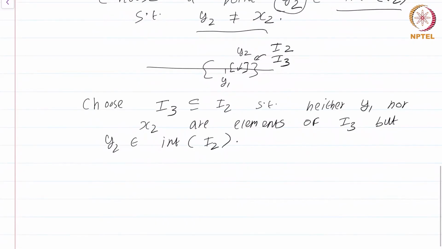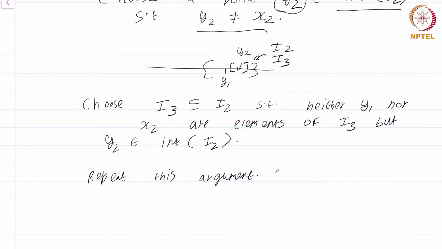Okay. Now repeat this argument. That means because y2 is a limit point of the set S, there is a y3 in this interval I3 such that y3 is not equal to x3. And then choose an interval I4 which is a subset of I3, and so on and so forth.